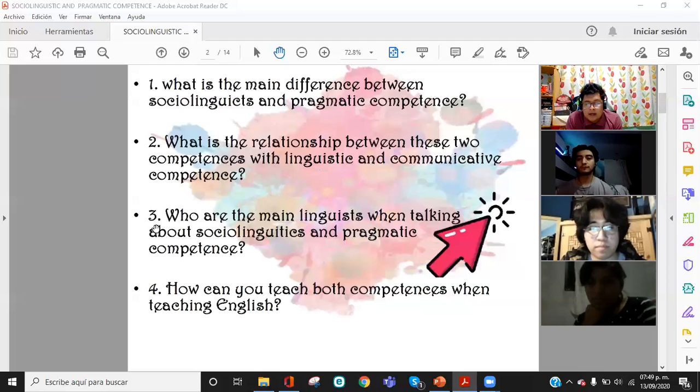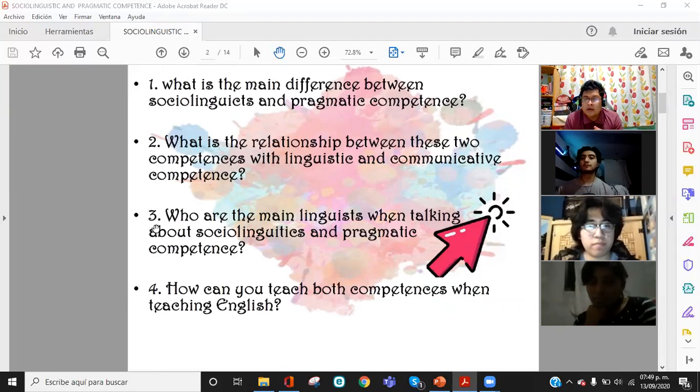In this part, it is important to take into account that there is a big difference between these two competences. The first one, sociolinguistics, talks about the different combinations that we can make with the parts of speech and with all the grammar that we know to express the same idea.